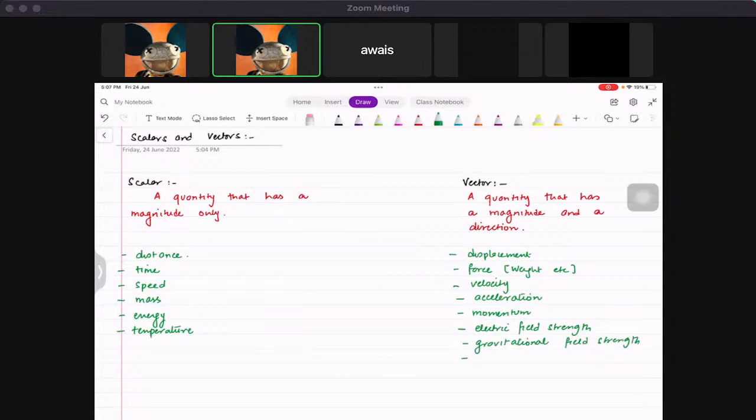Moment is a vector, right? So basically any quantity that has a value and a specific direction is a vector. Keep that in mind and write it down, please.